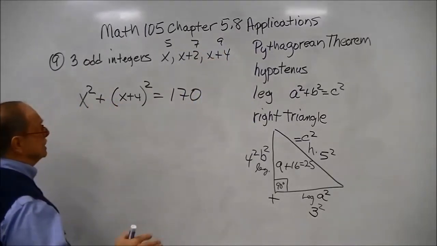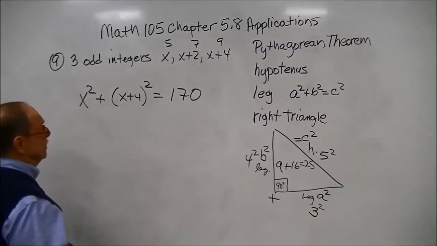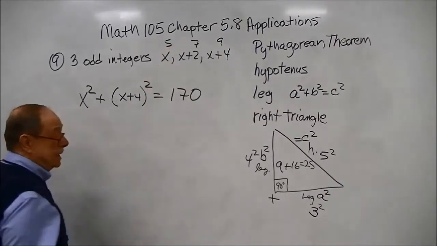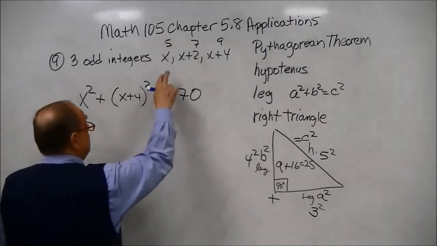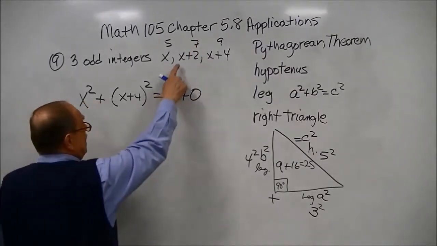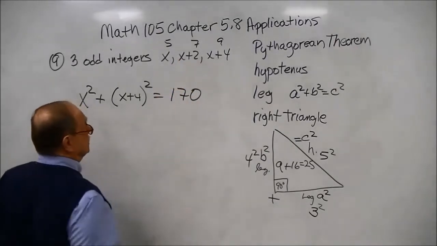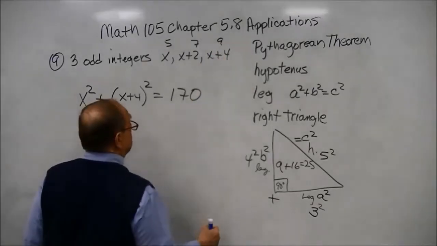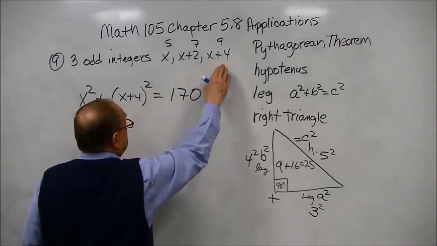Now we want to translate that to algebra. Well, if the first integer is 5, we'll call that x. Well then, if x is 5, how do we show 7? Well, x plus 2. How do we show 9? x plus 4.